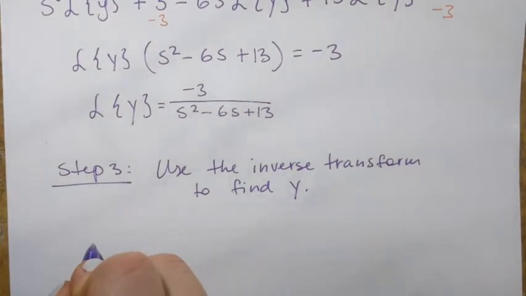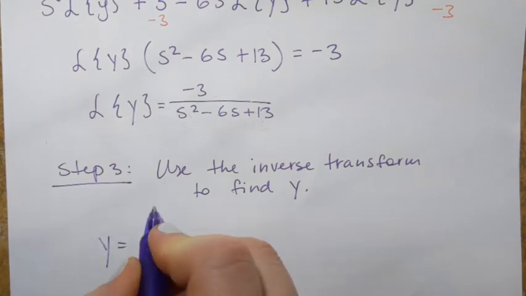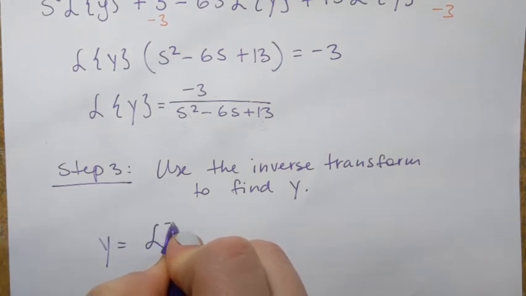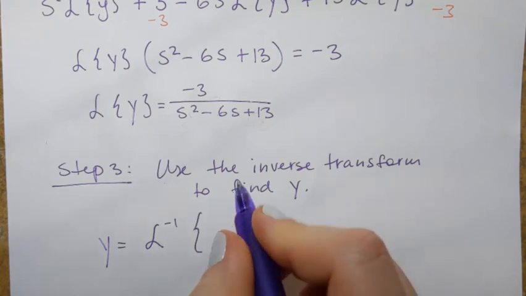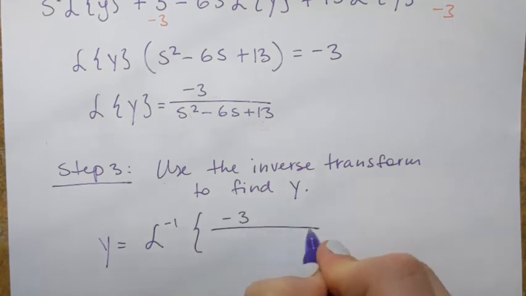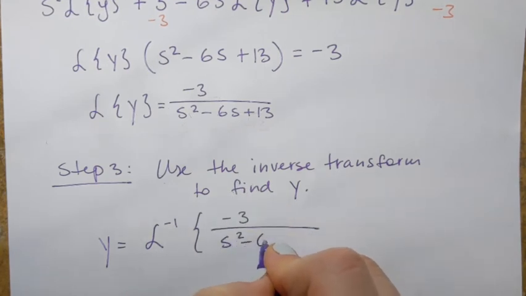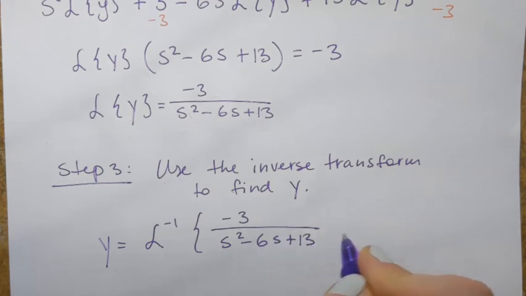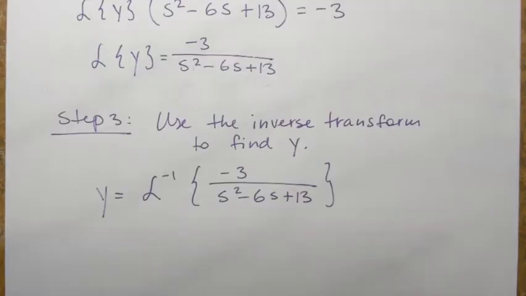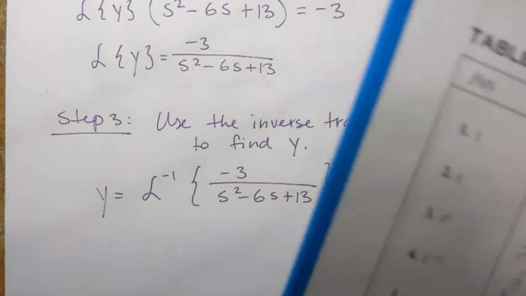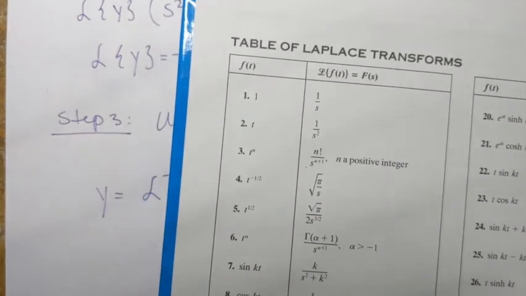Once again, to find function y, we're going to apply the inverse Laplace transform to the following function, -3 over s squared minus 6s plus 13. So to find the inverse transform, we usually use the table of Laplace transforms. Well, here it is.